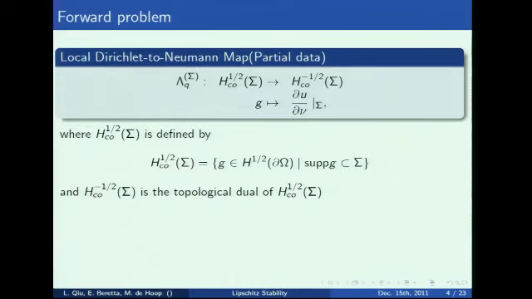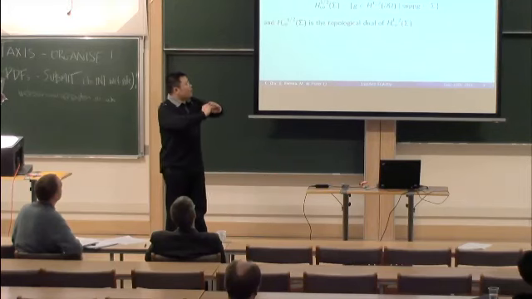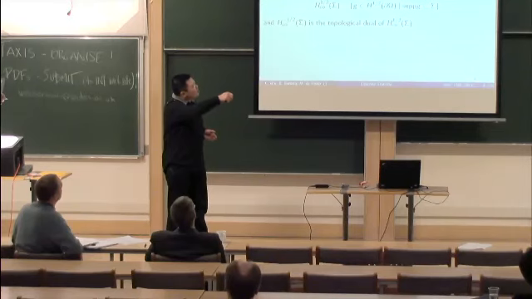And we jump directly to the so-called partial data. This is the mathematical definition of the partial data. It's a local Dirichlet-to-Neumann map, actually the same as the definition of the full data. The only difference here is the g. We will not use all of the g. We only focus on those g that have compact support, meaning g concentrates on this open portion of the boundary.